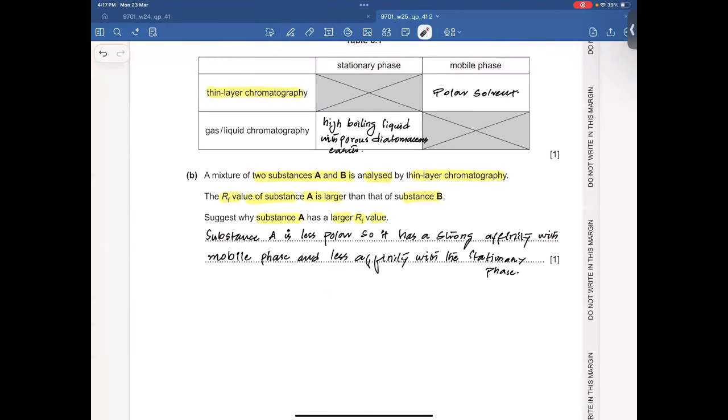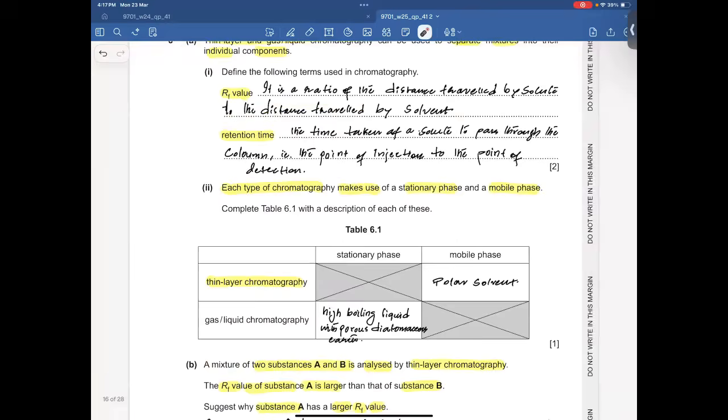But for this specific part, I need you to go through the lecture again so that you can have an idea how separation works in thin layer chromatography, and on what basis. So you will get the idea from that particular topic. So that's part B.